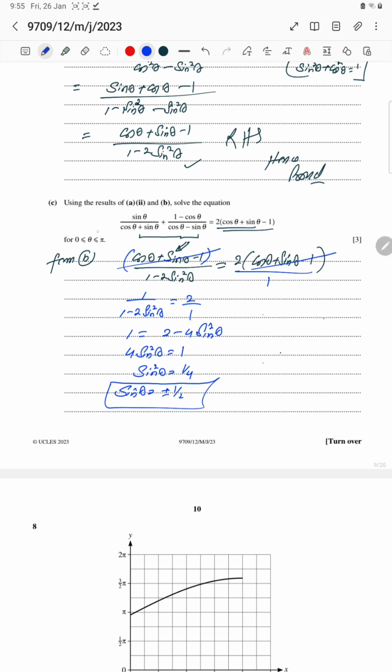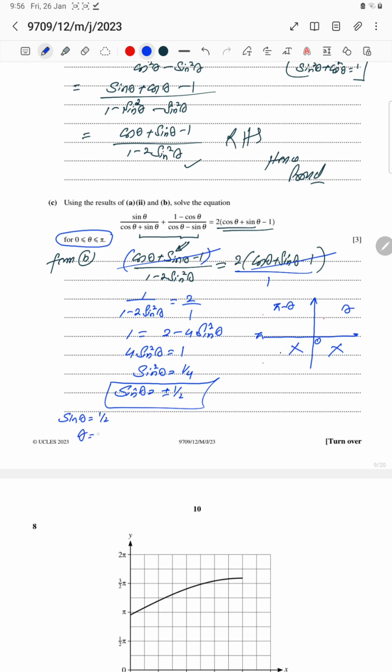Here we will get solutions. As the domain of the angle is lying between 0 and pi, it means theta can be in first quadrant or in second, that is pi minus theta. And here we are not interested with more than pi, right? So one here, sine theta is equal to 1 by 2.